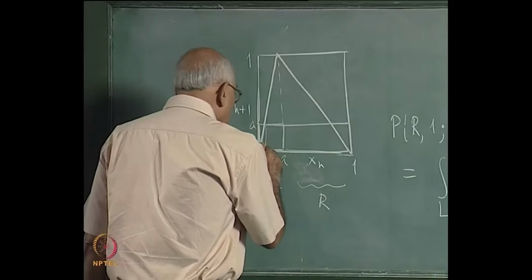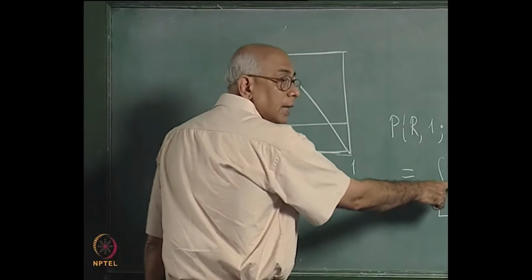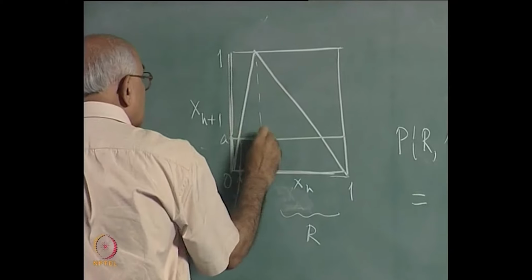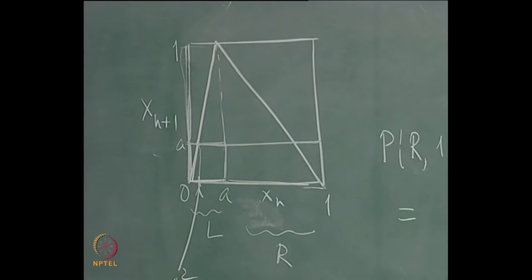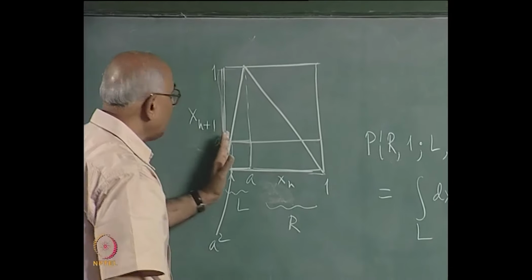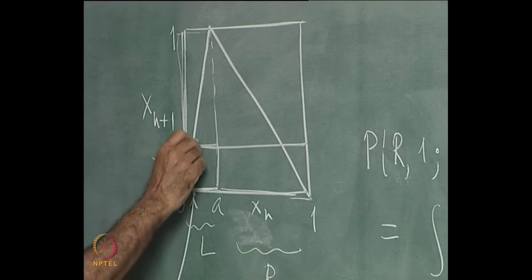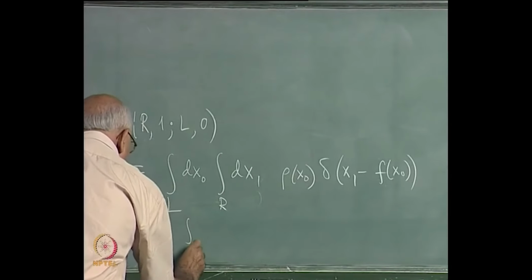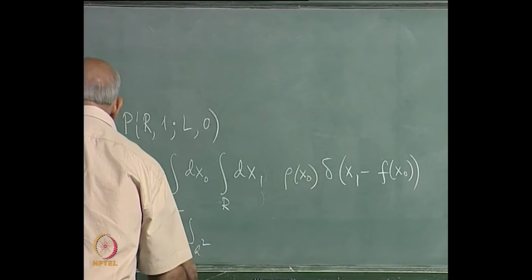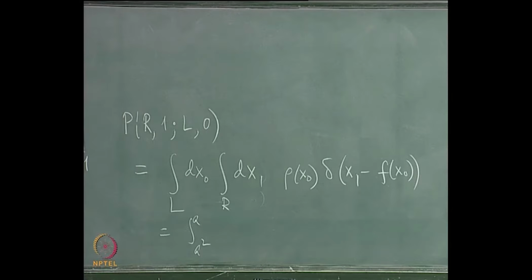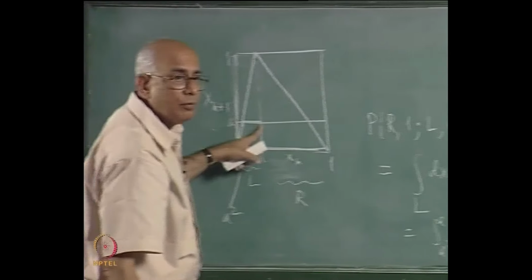I have to integrate over dx0 over L, but dx1 I integrate over R. So really it is this range of integration that I am talking about, and for every value of x1 I have a contribution from the delta function provided x0 runs from here to there, and therefore this is equal to the integral from a squared to a of dx0, and then the delta function contribution over x1 gives you unity for the x1 integration.